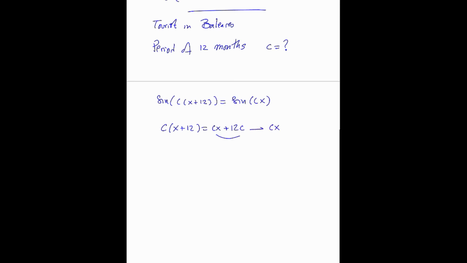So there should be a difference here of 2 pi, because as I said earlier, the sine of any number plus 2 pi is equal to the sine of that number. So we want 12c to be 2 pi. And now we solve for c. We have 12c equals 2 pi, so c equals 2 pi over 12, or pi over 6. So we have our first constant, which is pi over 6.